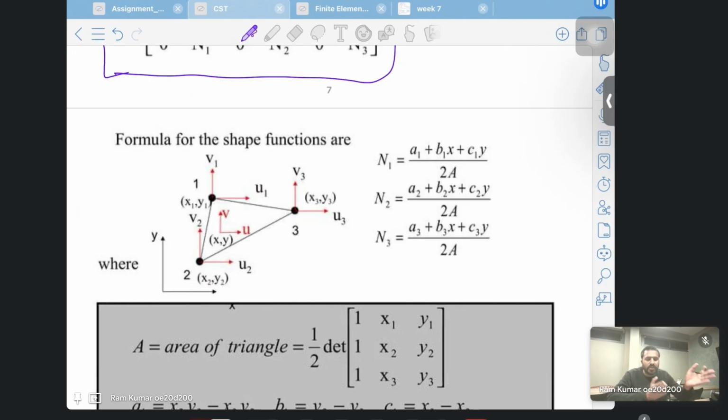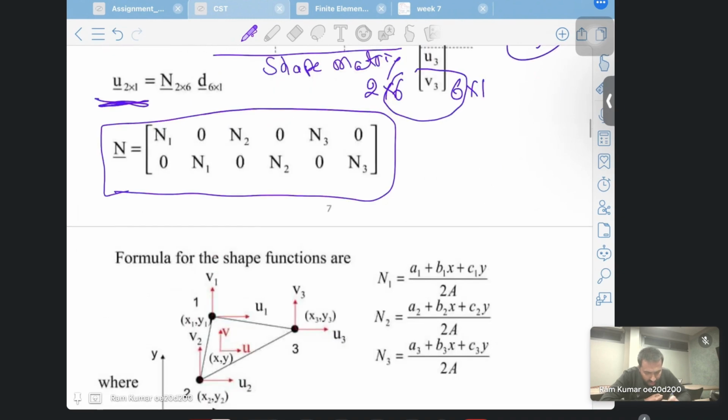That's why there are different types of elements. For example, this is one problem. For this member, I can easily divide it into square elements, like 2D elements, a number of rectangles like this.